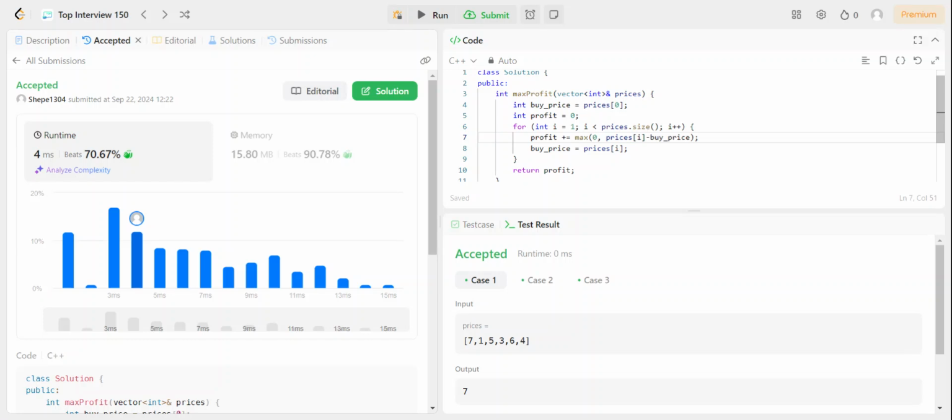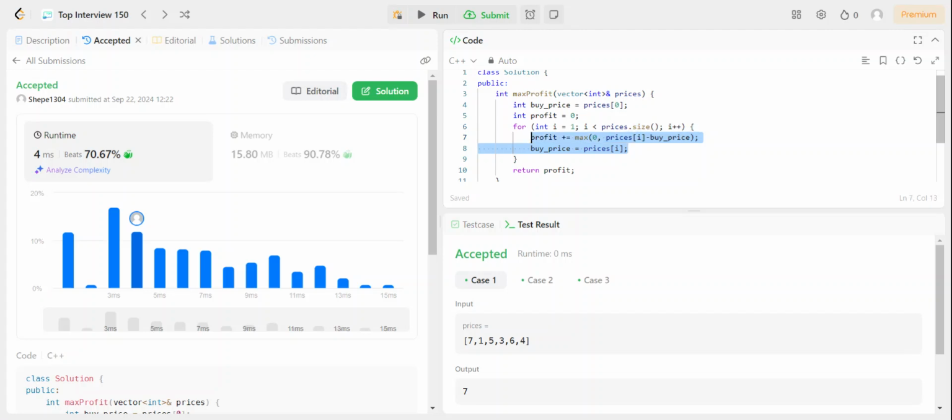Now, how can we make the code even more compact? We can see that in each step, we always update the buy price. We always consider that we can make a profit by buying the stock on day number i, at index i. So that means prices[i] becomes the new buy price at every step.